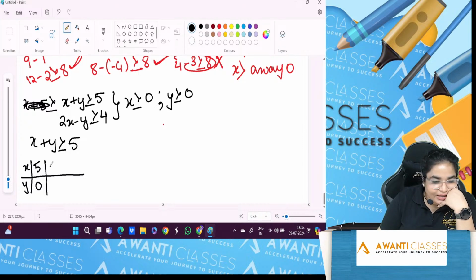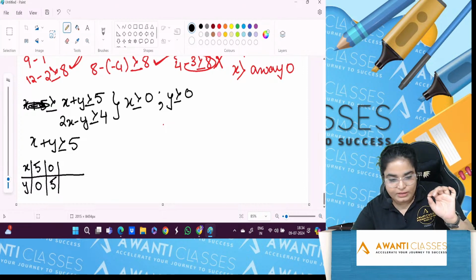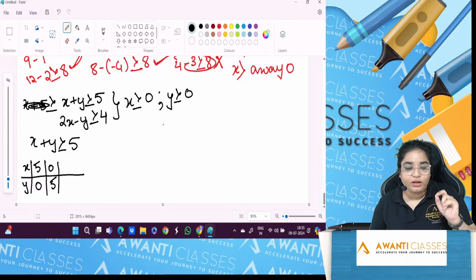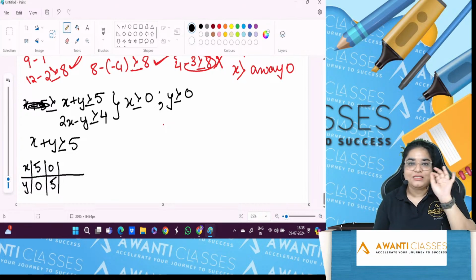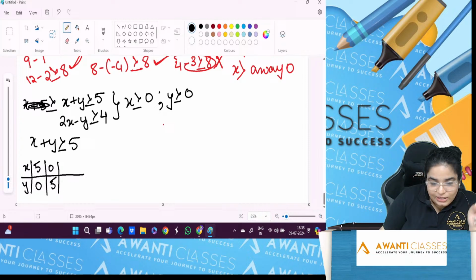Similarly, if I take x as 0 and y as 5, will it work? Yes. Why? Equal to. It does not simply say greater than. If it was strictly greater than sign, you will have to take more than 5. 6 will have to be minimum. But because equal to sign is there, you can take 5 also.